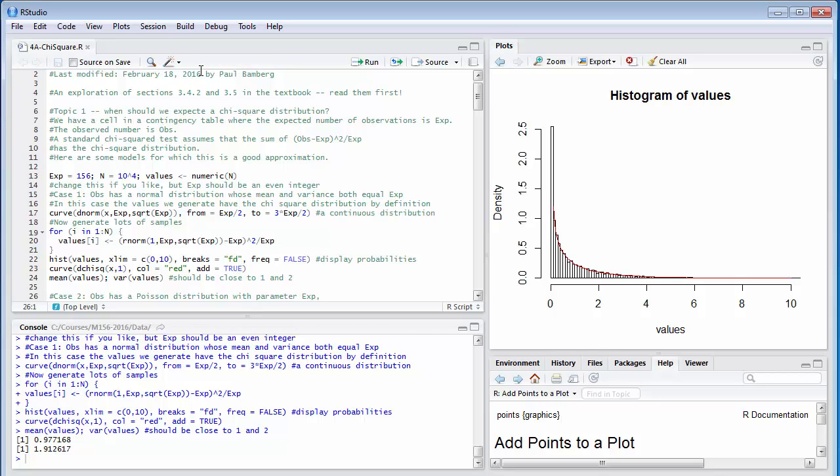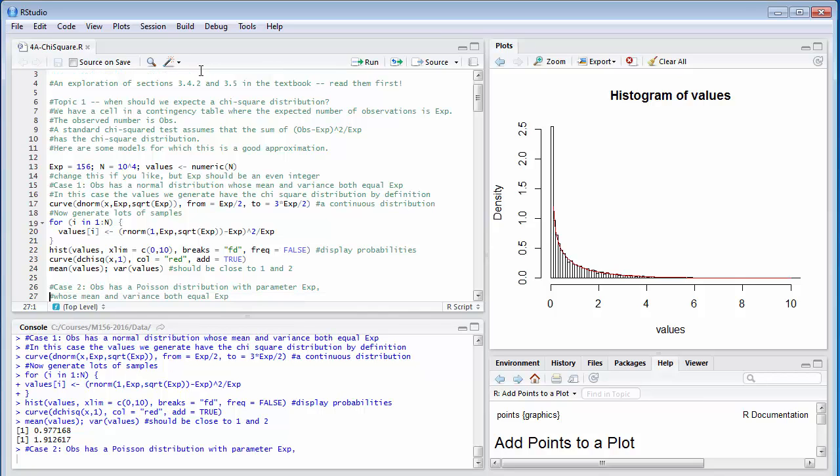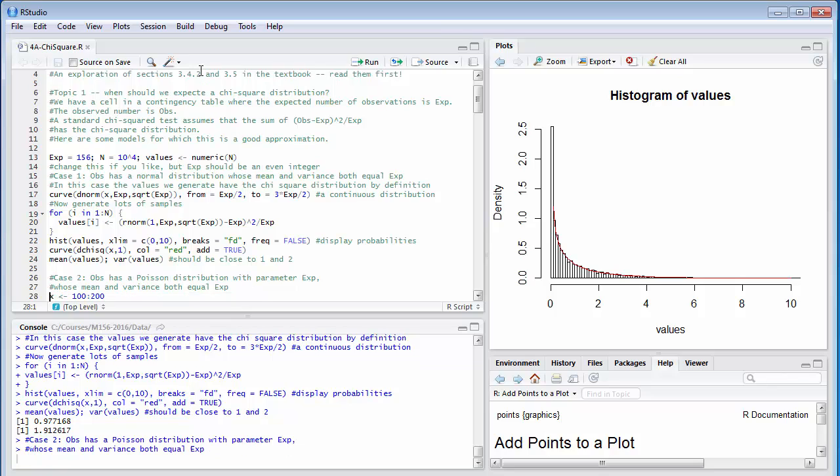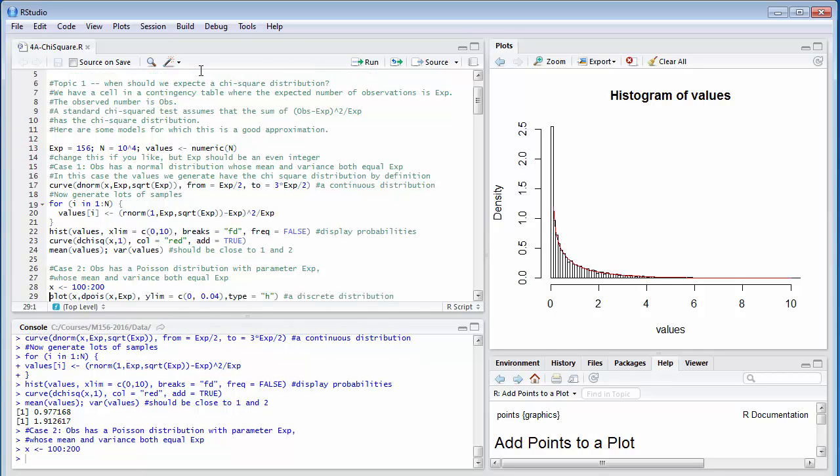Now let's try something a little bit different. Our random variables have a Poisson distribution where the parameter is the number exp, and the interesting thing about the Poisson distribution is that the mean and variance are both equal to its parameter. So again, we've created a situation where the mean and variance equal exp. It's only worth plotting this between 100 and 200 for exp equal to 156.